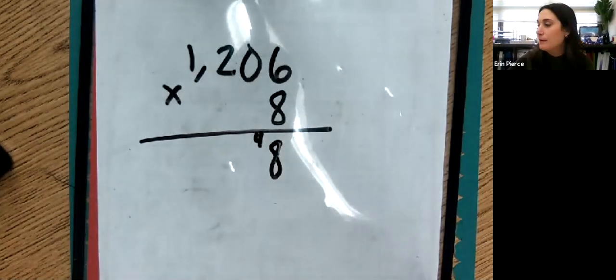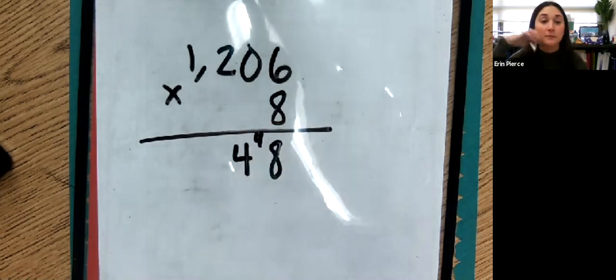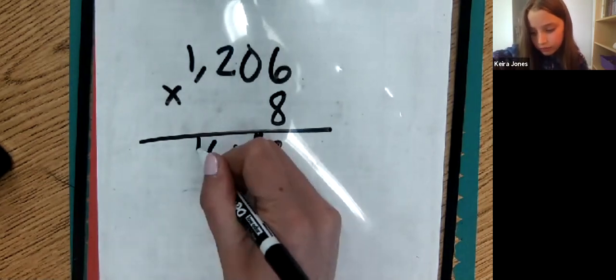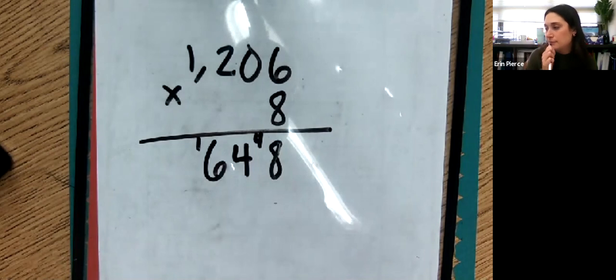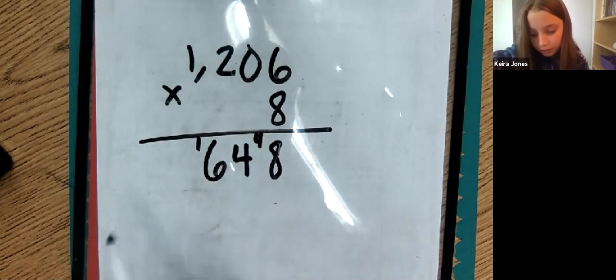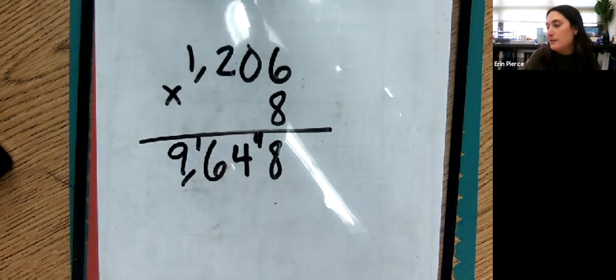And then I did 8 times 0 and got 0, but plus 4 is 4. And then I did 8 times 2, which got me 16, and I regrouped the 1. I did 8 times 1, got 8 plus 1 equals 9. Wonderful. Your answer is 9,648. Great job, Kira.